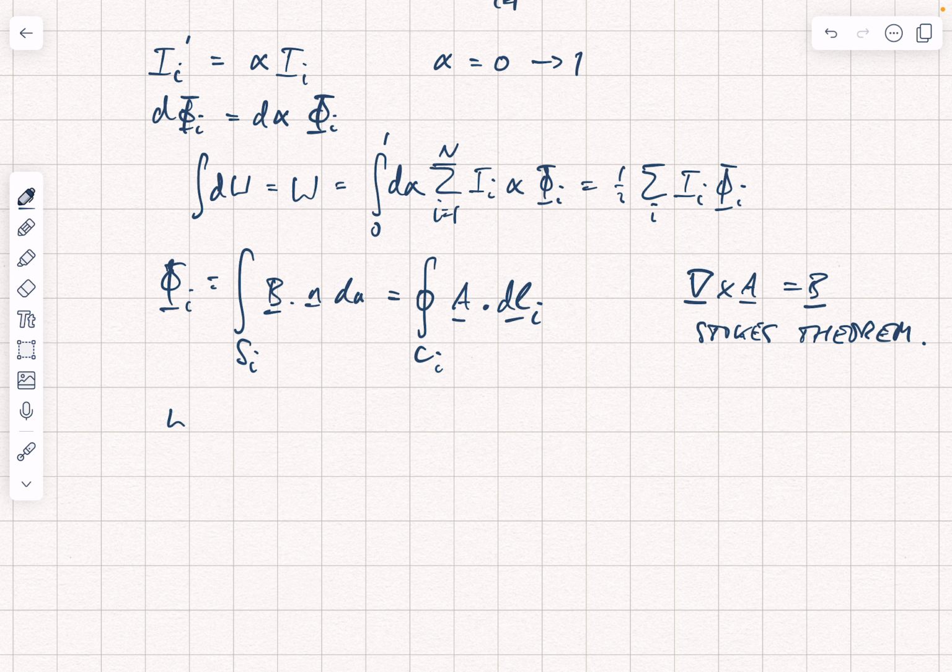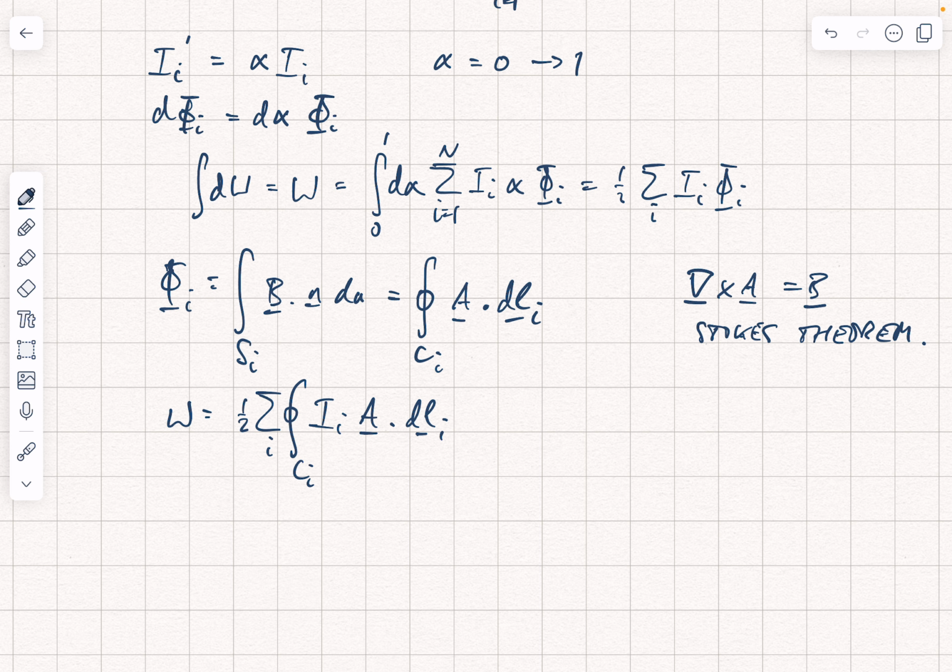So now we find that W is equal to a half times the sum over the circuits of a loop integral of I A dotted with dLi.